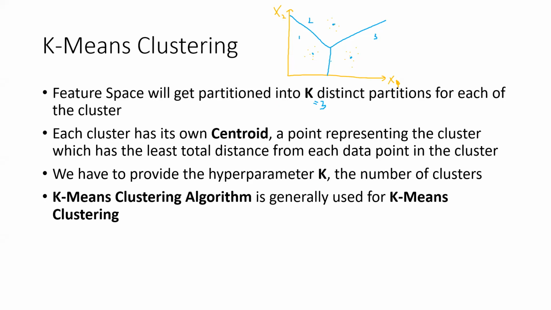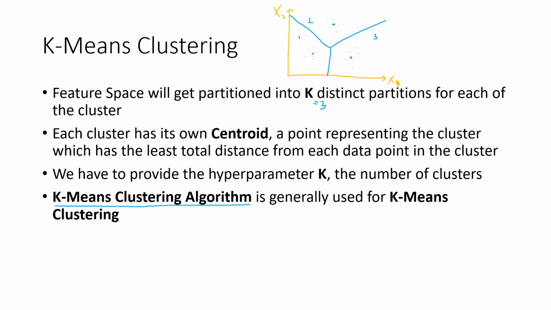Suppose you define K as 3. Now you will have 3 clusters like this, right? So how do we find these clusters? Generally we use the K-means clustering algorithm. You may think, why, since that is what we are doing? I mean, K-means clustering is the K-means clustering algorithm, right? Not exactly.